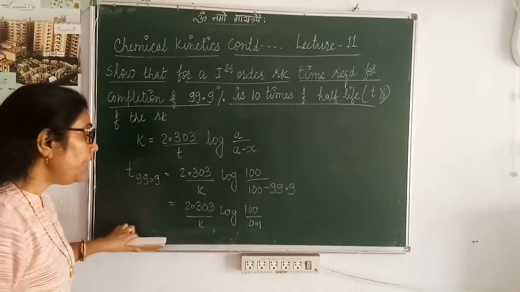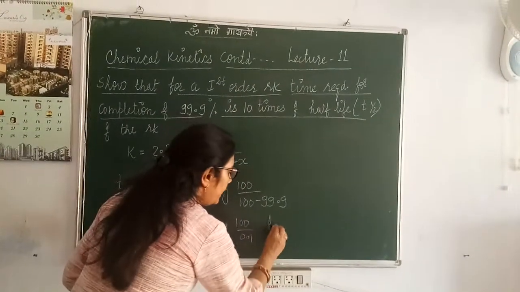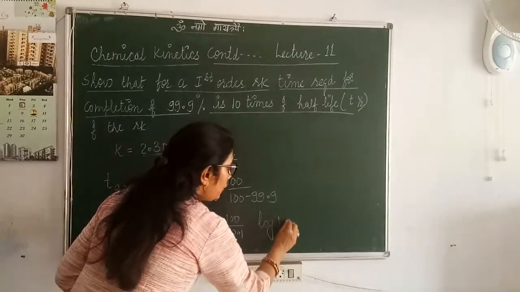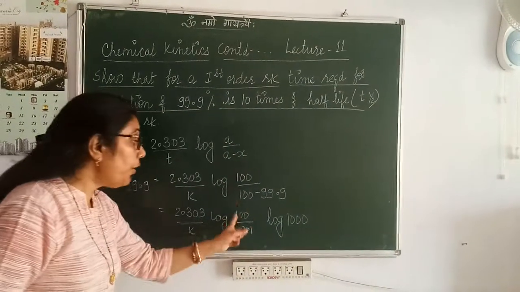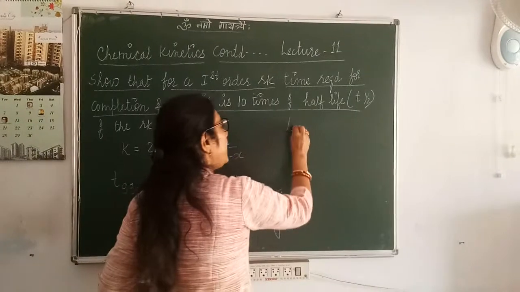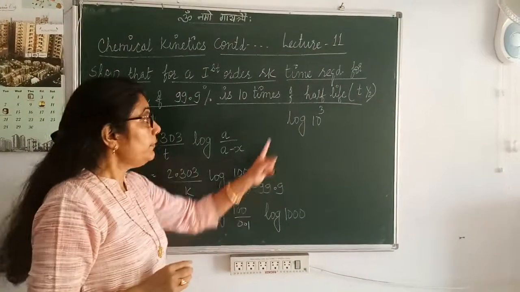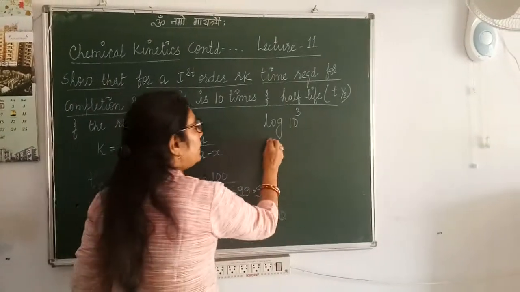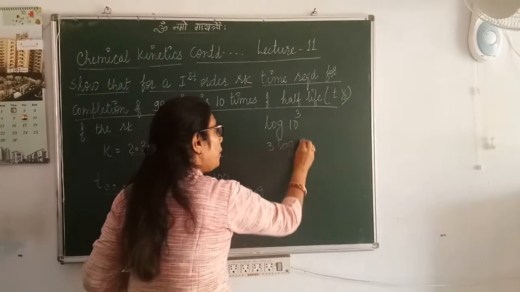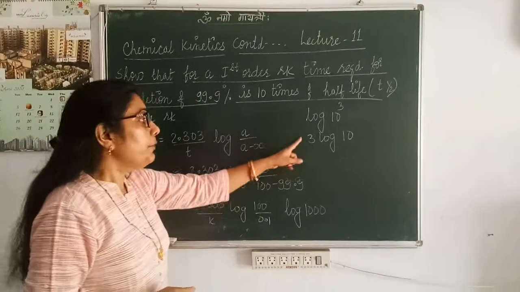Now log 100 by 0.1, can we write that this is log 1000? Now log 1000, can it be written as log 10 to the power 3? Log 10 to the power 3 will be equal to 3 log 10, so that what happens?